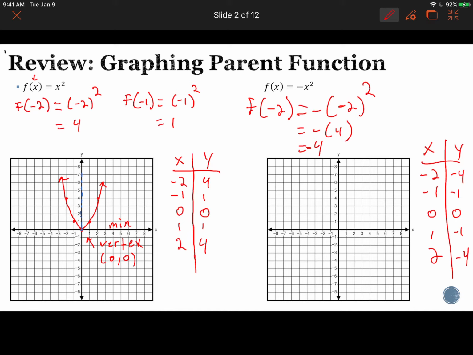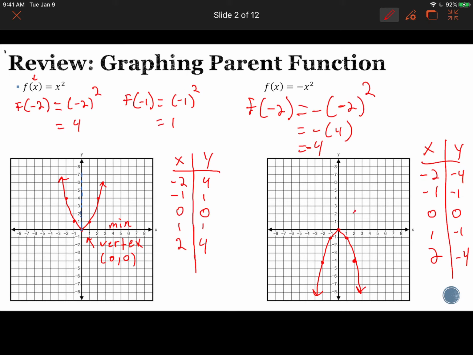And now I'm going to plot these values to see exactly what happens. -2, -4 is about there. -1, -1, 0, 0, 1, -1, and 2, -4. And now you can see that there is a reflection over the x-axis.